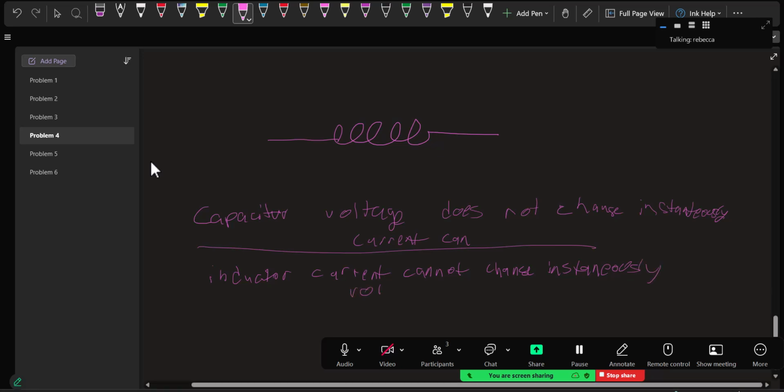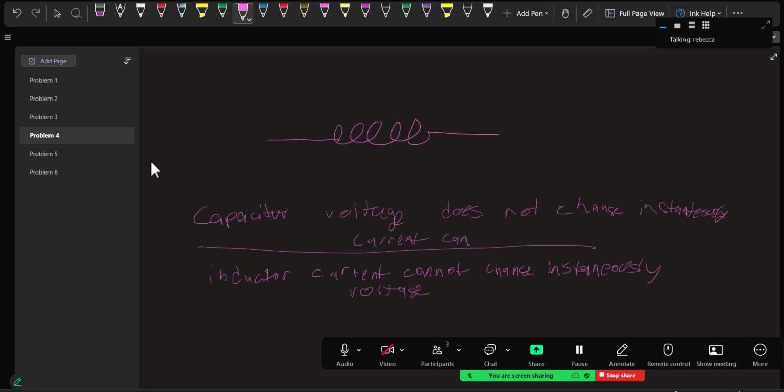But voltage can. So the whole point of an inductor is to resist a change in current. So if it's just sitting here, and then all of a sudden you throw the switch and current starts to flow, it says, no, I don't like the current, I'm not happy about it.